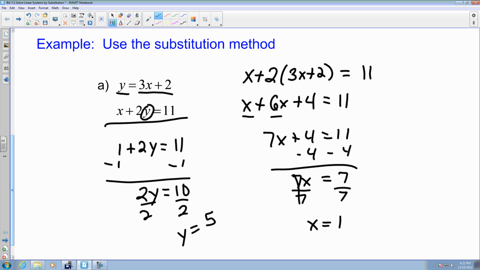And it would be the same thing if I were to have used the equation on top. I still would have gotten y equals 5. So my coordinate would be (1, 5). And what this is telling us, just like it was from section 7.1, is that that is the coordinate where the two lines intersect. And that's what we're looking for when we are trying to solve systems of linear equations.